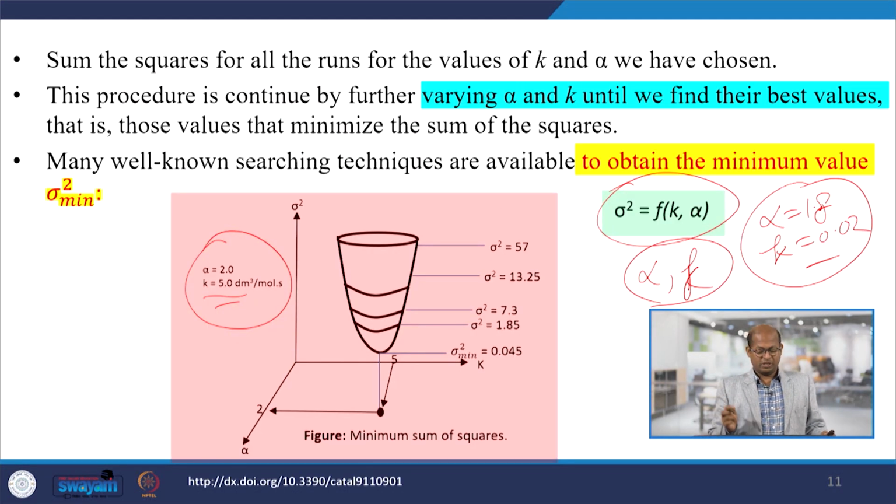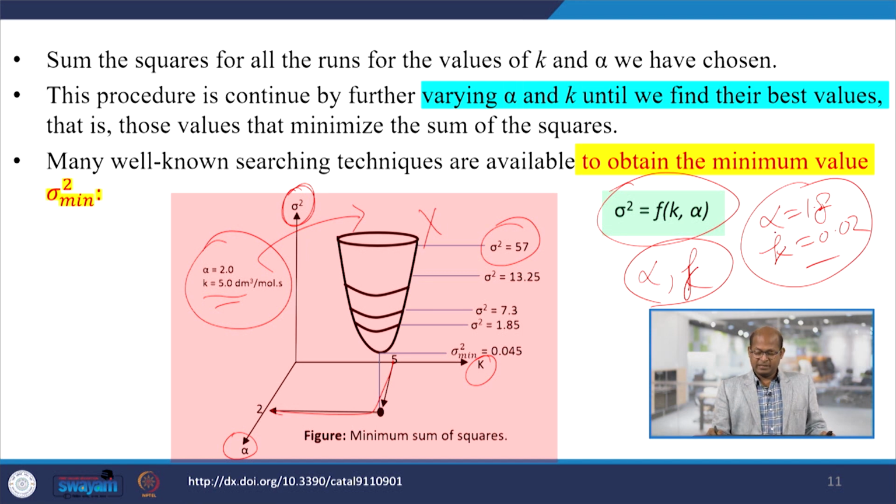So, for the sum square sigma square value, k is on the x axis, alpha on the z axis, and sigma square on the y axis. By putting these two we get a sigma square value of let us say 57, which is a very large value. Then whatever initial guess we have taken is not acceptable.